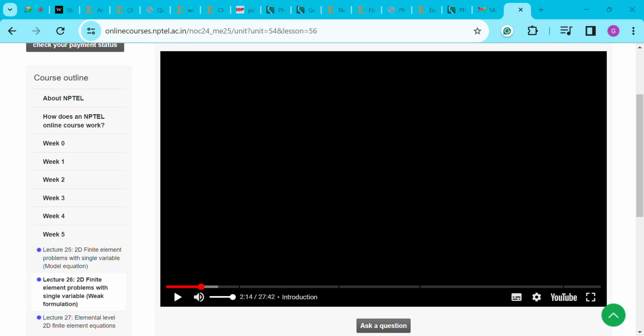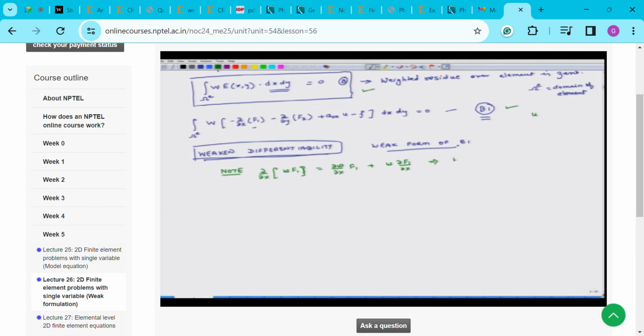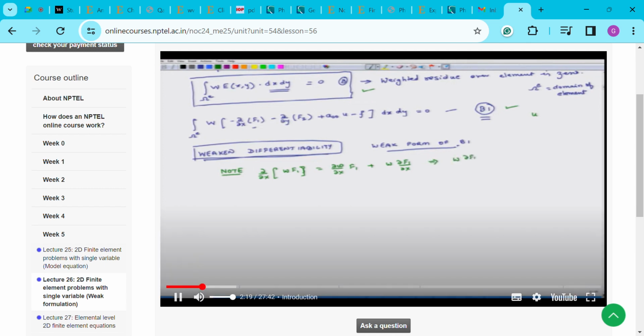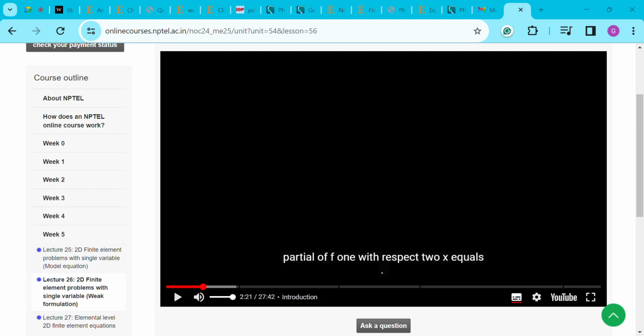Wherever the primary variable is known, W is equal to zero. That's fine.